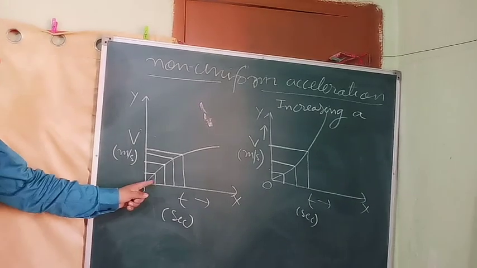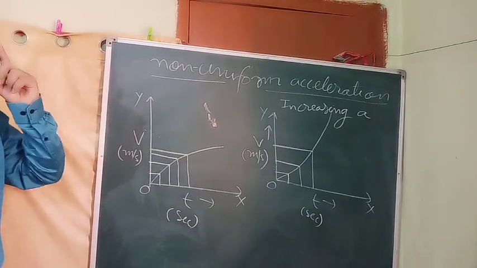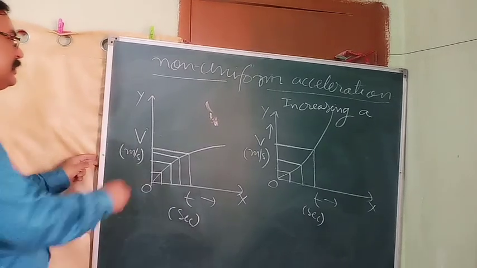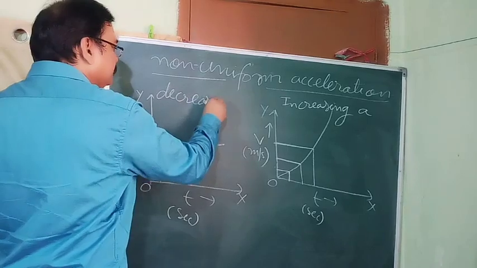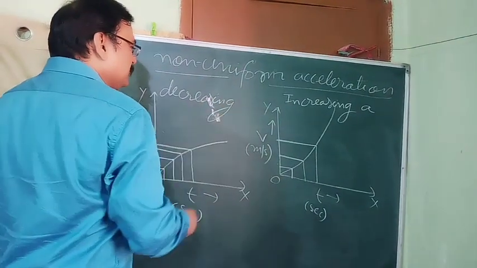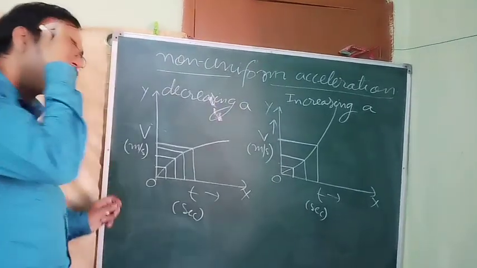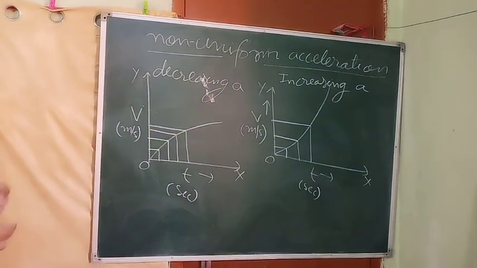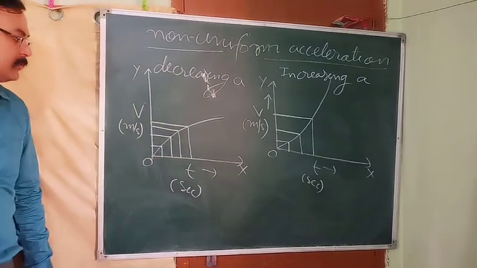See, in equal time intervals, the change in velocity is decreasing gradually. It indicates that it is decreasing acceleration. This is decreasing acceleration, and that is increasing acceleration.